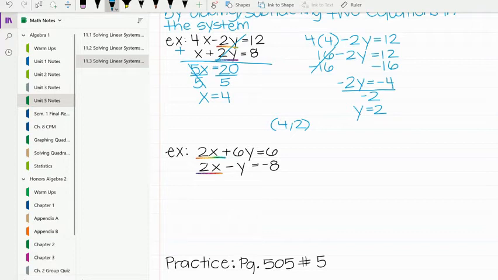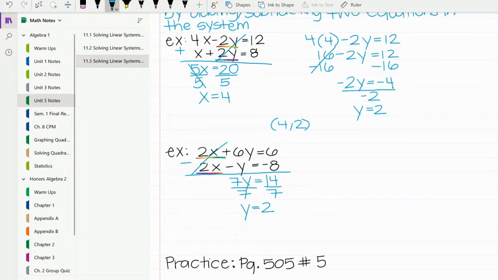But if I subtract them, that would eliminate them. So 2x minus 2x would just be 0. 6y minus a negative y is 6y plus y, which would be 7y. And 6 minus negative 8 would be 6 plus 8, which would be 14. Then we divide by 7, so y equals 2.